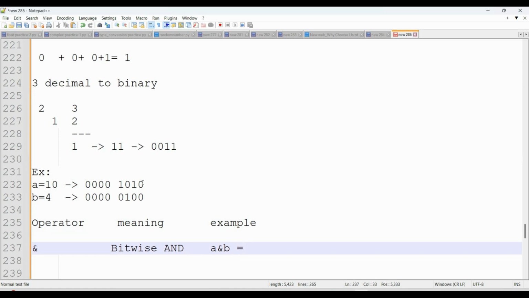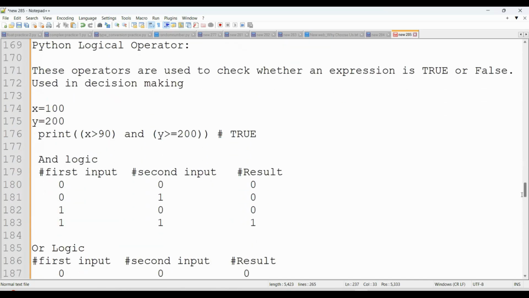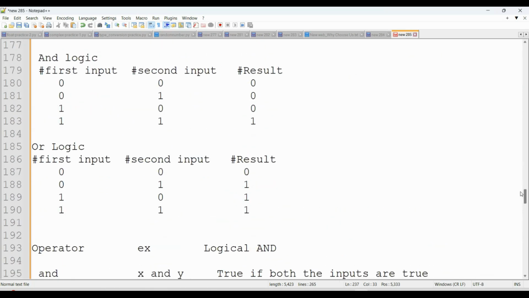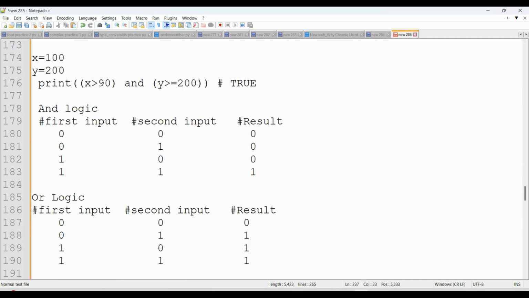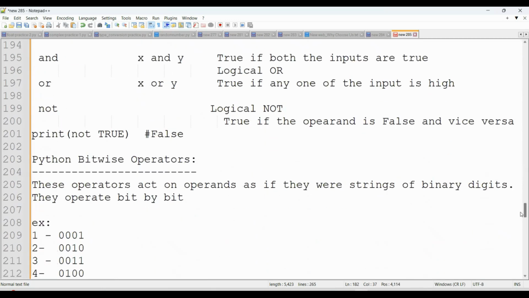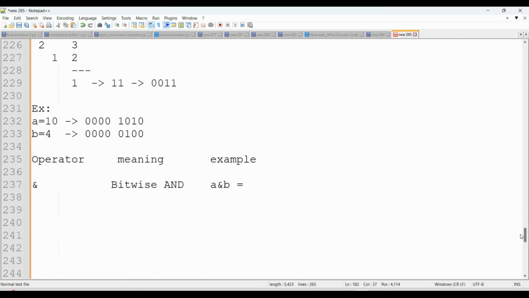So first bit for 10 is 0. For 4 first bit 0, 0 into 0 is 0. Likewise, if you do this AND logic between first input and second input, you will get the result 0 0 0, all zeros only.